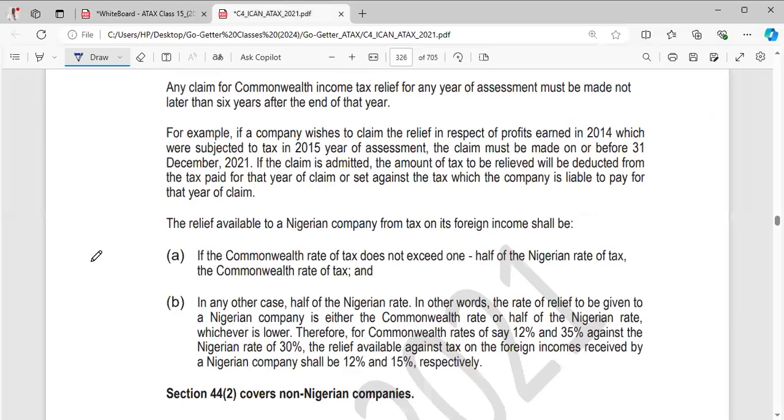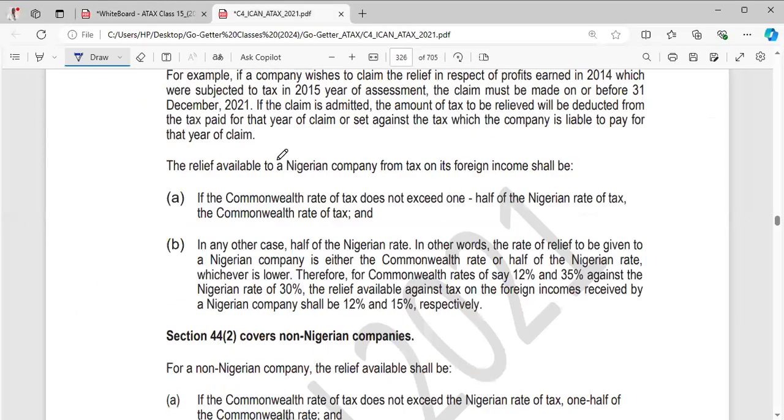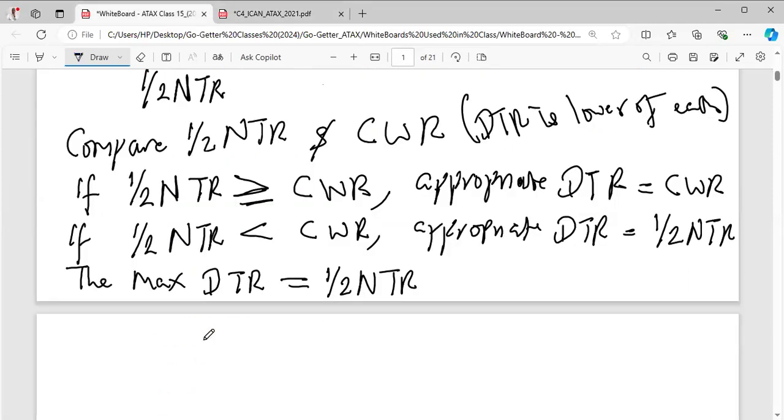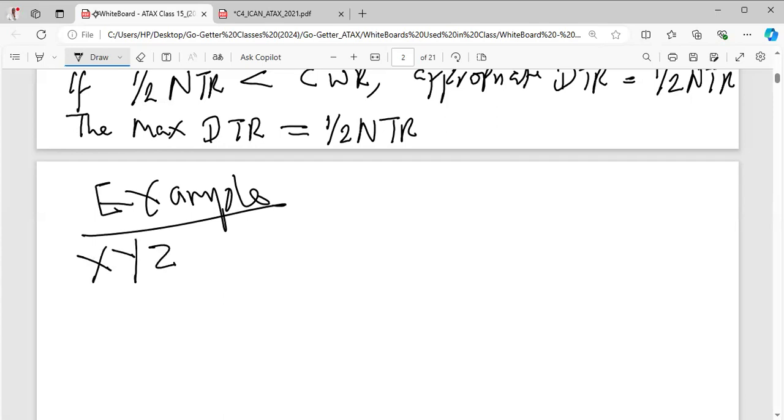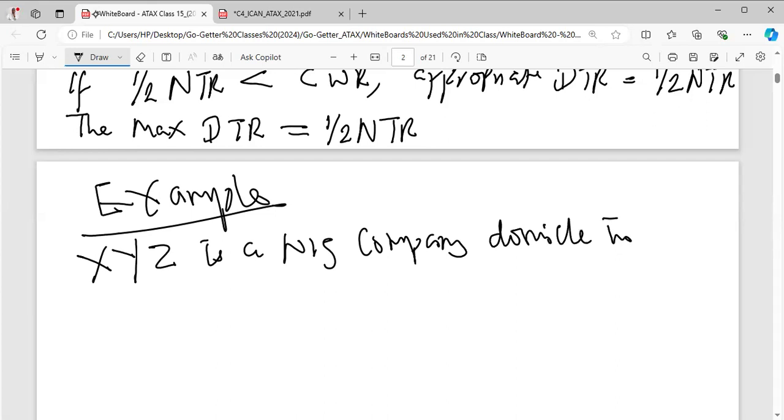All right. So let's see an example here. Let's say XYZ is a Nigerian company domiciled in USA.